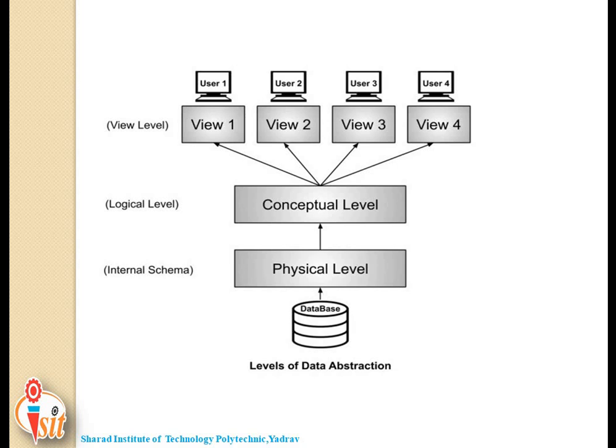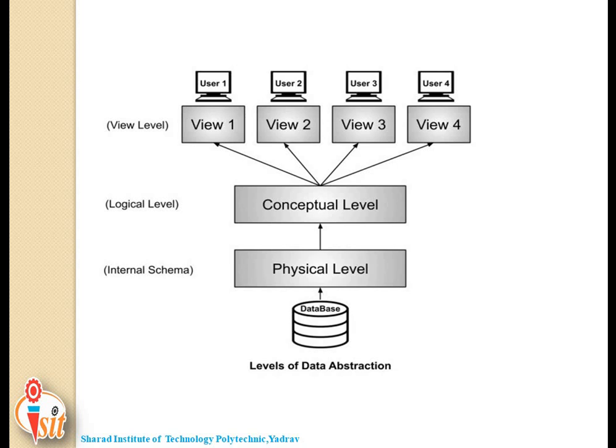Let's take one example. We are storing customer information in a customer table. What does the physical level perform, what is the function of the logical level, and what does the view level perform? At the physical level, these records can be described as blocks of storage, that is bytes, gigabytes, terabytes, etc. in memory.